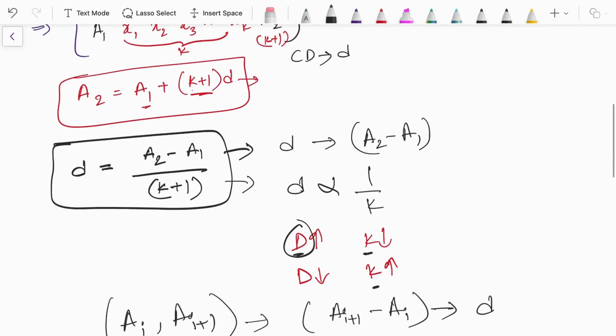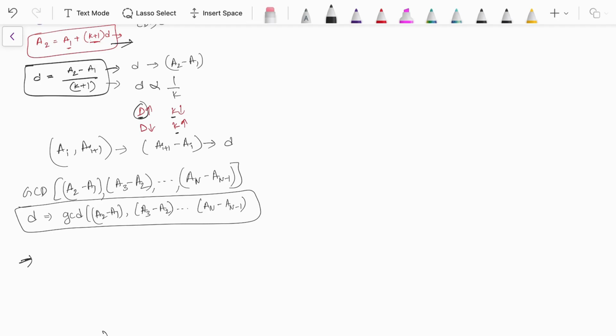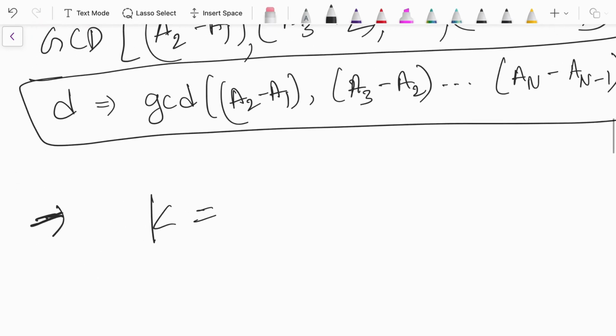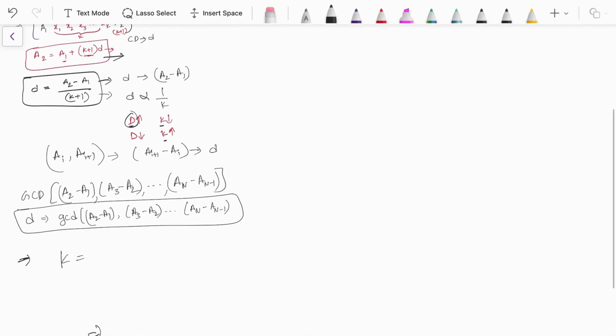Again, using this formula, we can derive the number of elements that we need to insert in between them. If we again rearrange the formula, k will be equal to (A2 minus A1) divided by D, minus 1.